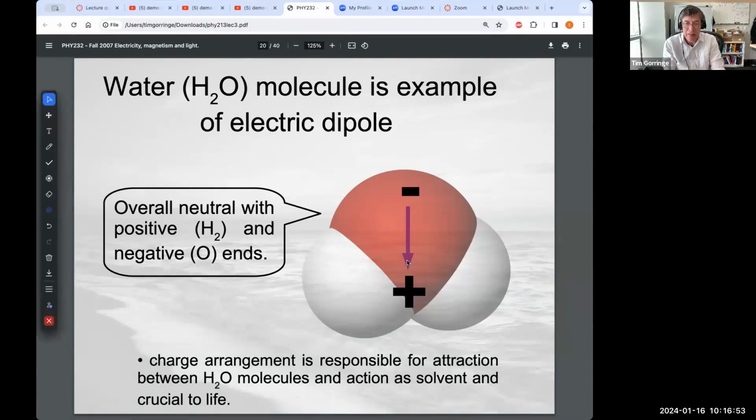It's a solvent, and that sort of action as a solvent is crucial to life. It's crucial to how our bodies operate, how our cells operate. And so without water, for many reasons, one of them being its action as a solvent, we would not be alive, and plants and animals would not be alive. And its action as a solvent is because it's an electrical dipole.